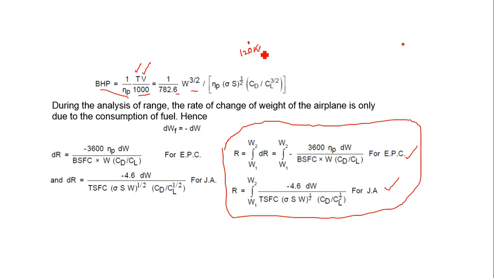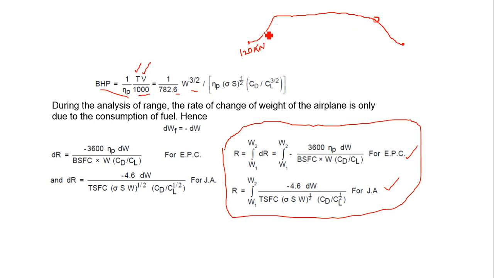Just for our simplification, I'm giving this example. The weight of the airplane is 120 kilonewton, and after the flight mission, we have a ground run, then, sorry, take off, then climb, then cruise and loitering, then descent and land. Okay, so these are the phases.